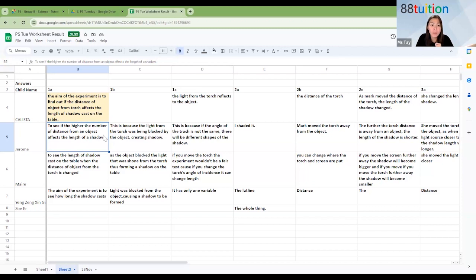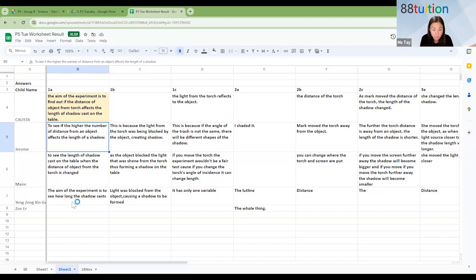So when you write down the aim, don't put yourself in a situation where you're pointing towards a certain direction only. You just want to see how one factor affects the other. So you need to identify very clearly what the variable is, especially the change variable. Here it is the distances, and everything else is the same. Then after that, what is it that we measure?